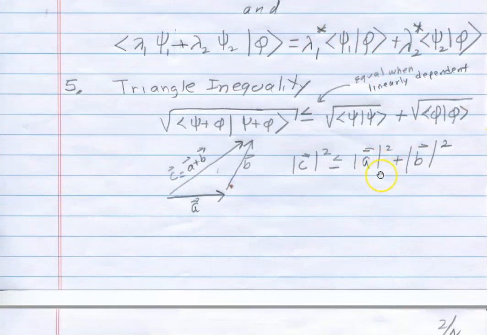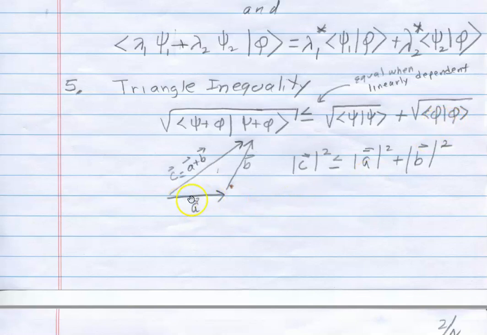There are also some inequalities that are useful on occasion. One is the triangle inequality, which is this relationship. If I have a state psi plus phi here and psi plus phi over here, then the square root of its absolute magnitude, this bracket, is always less than or equal to this psi bracket square rooted plus the phi state bracket square rooted.